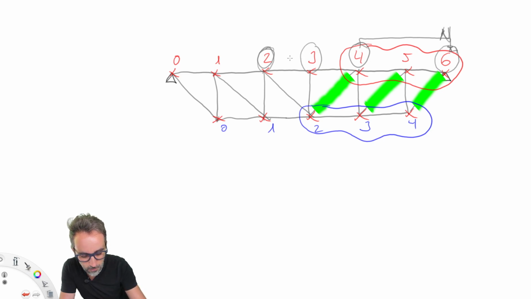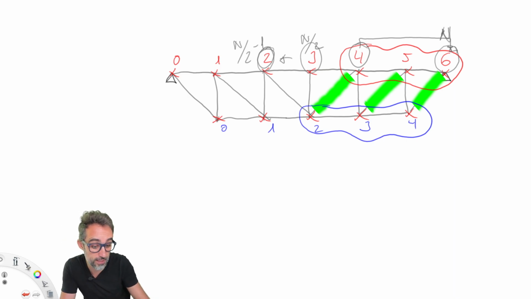So that's this one minus 1, correct? Sorry, it was going to be n divided by 2, which is this one. And this one will be n divided by 2 minus 1. So I guess in this case, for this one, 4 is going to be n divided by 2 plus 1.